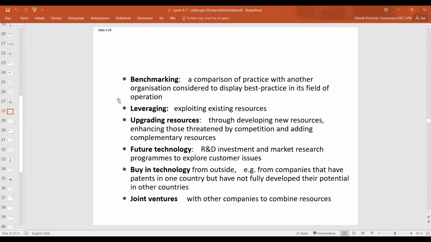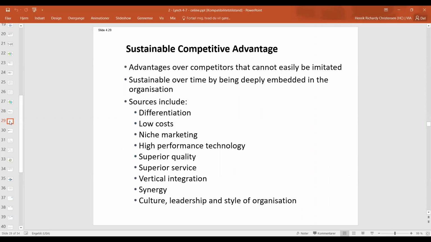And then we could also look into these areas here in order to figure out how do we take advantage of those resources that we have. I'm not going to dig into these further. And then the sustainable competitive advantage. It could be that we simply are able to differentiate ourselves in the marketplace.